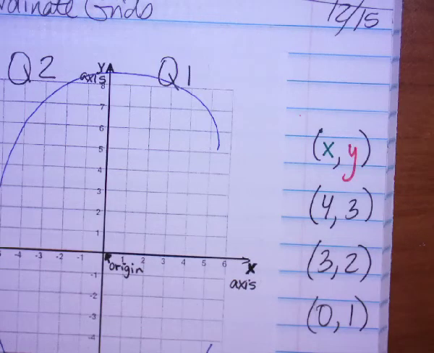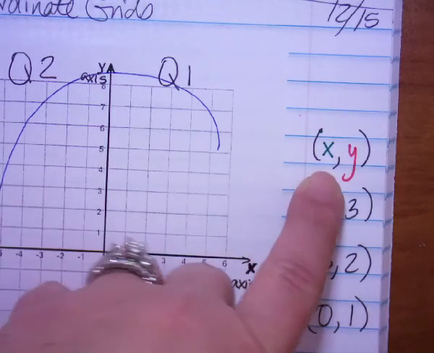So it has to gain a lot of speed and go flat, and then it can go up, right? So the same thing happens when you have a coordinate grid. First, it has to go flat on the x-axis, which we call run. It has to run, Will. Then it has to rise.